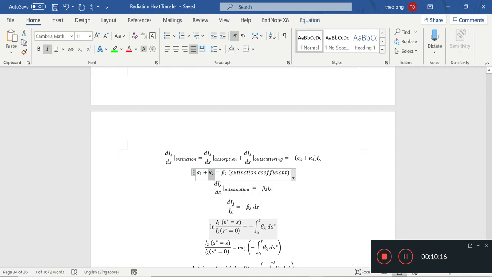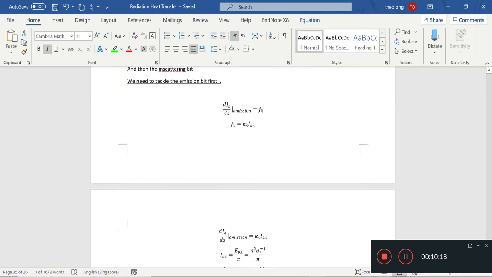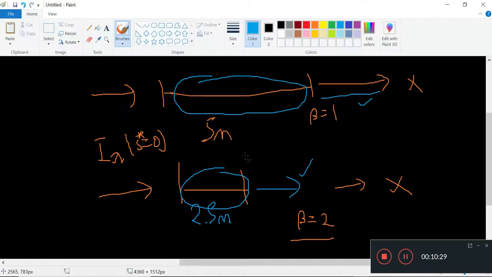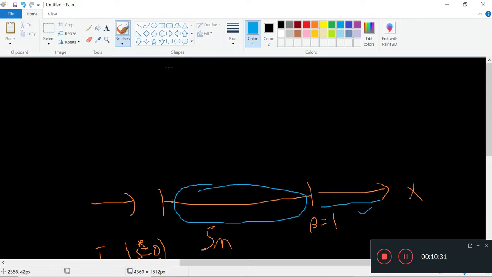So this is the same kappa lambda that we're talking about, and it appears in this emission term. So why is it here? Similar to a gray body, the analog is this. Kappa lambda talks about physical absorption of radiation, and it's very similar to how absorptivity and emissivity are related.